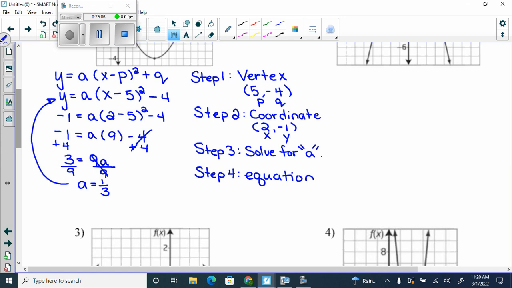So I'm going to go y equals 1/3(x minus 5) squared minus 4. And then I type it into my calculator. So type that into your calculator. Make sure you put the brackets around the fraction. So the 1/3 needs to go in brackets. Go into your y equals and type in 1/3(x minus 5) squared minus 4.